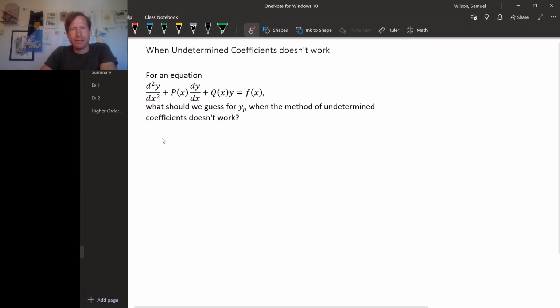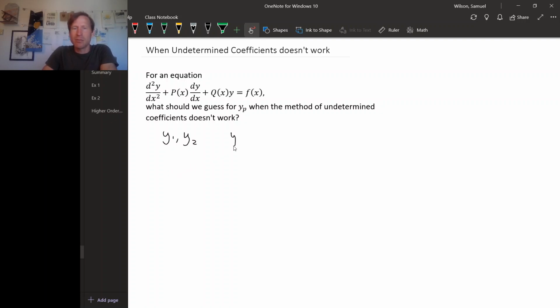Now, as with undetermined coefficients, the first thing that you would probably do is find a fundamental set of solutions to the associated homogeneous equation. So let's just assume that, given this second order linear differential equation, we know a fundamental set of solutions y1 and y2.